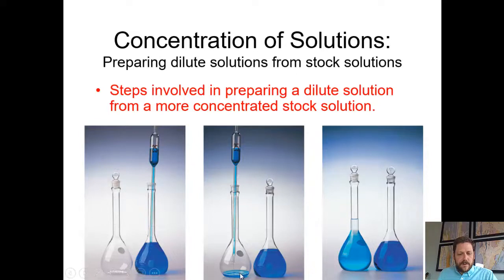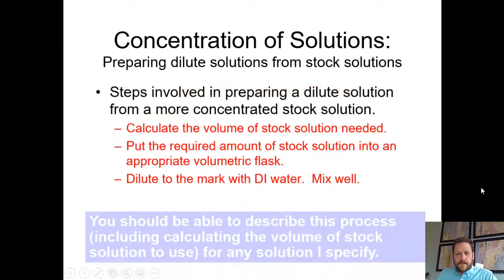That is put into a volumetric flask, which is exactly 500 mL, the final volume of solution we're trying to make, and then we add water until we get to that final mark. So those are the steps involved in preparing a dilute solution from a more concentrated stock solution. And this instrument is called a volumetric flask, and it only has one mark on it in this narrow part of the glassware so that you can get a very precise final volume.